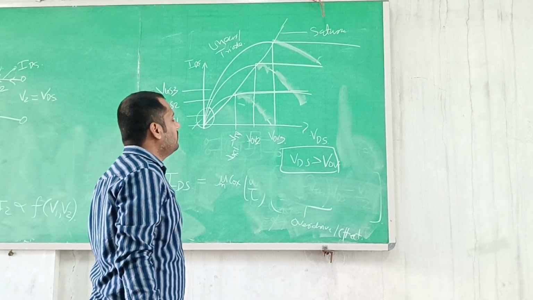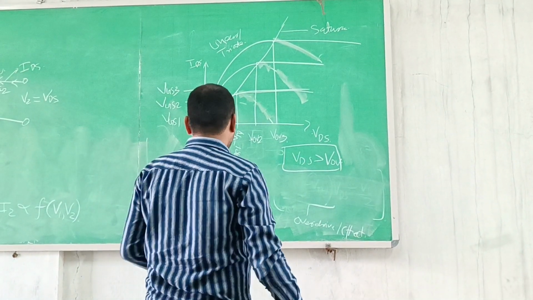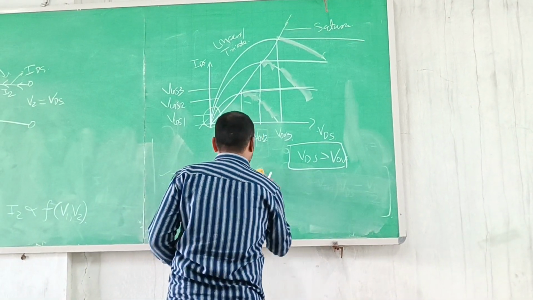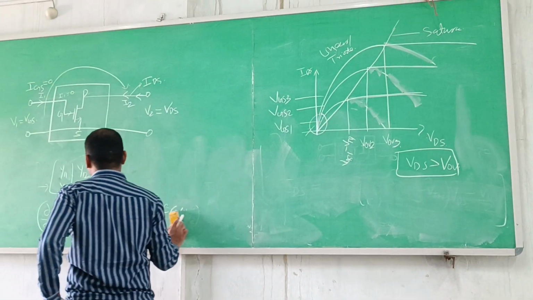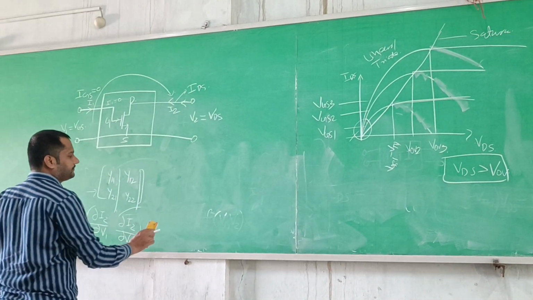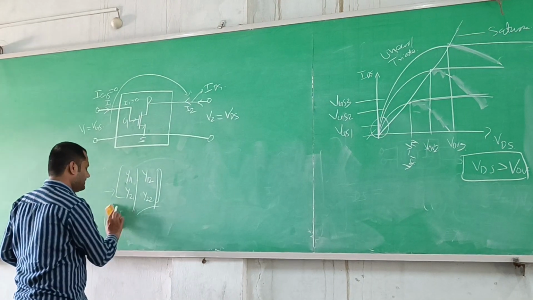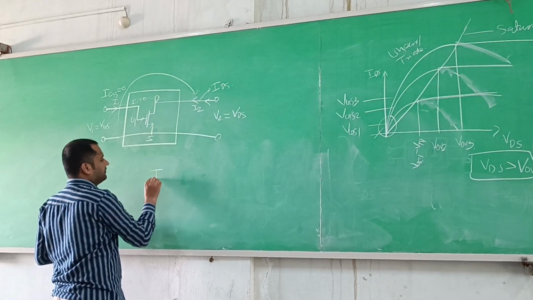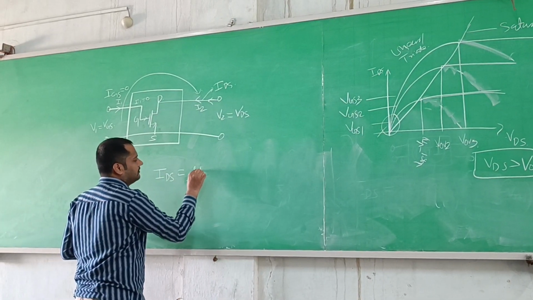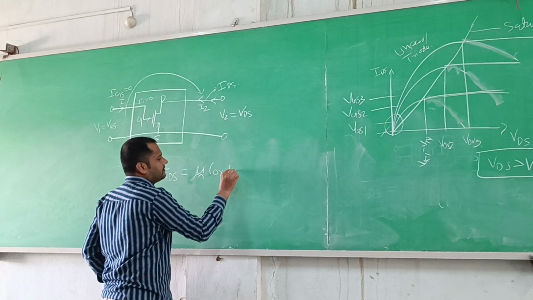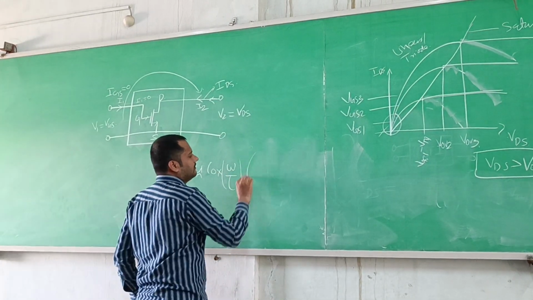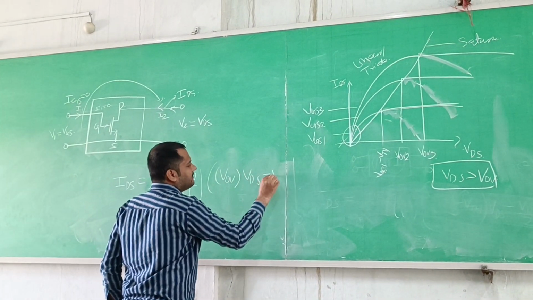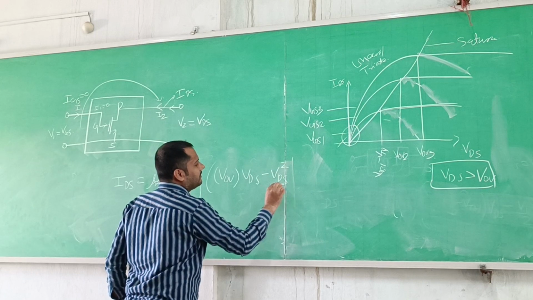Now, for IDS we have this equation. Again, we will change this equation. IDS equals mu n C of W by L, V overdrive times VDS minus VDS square by 2.